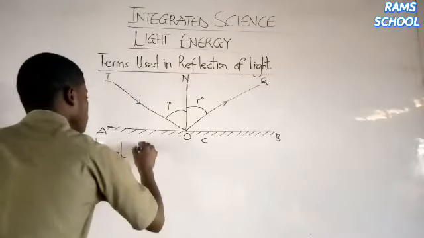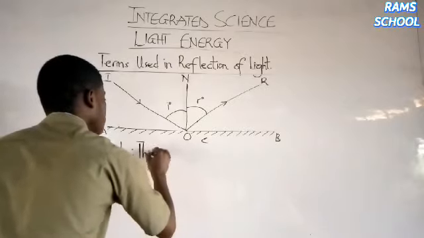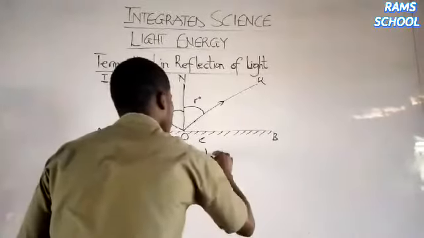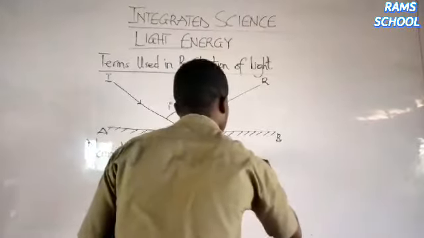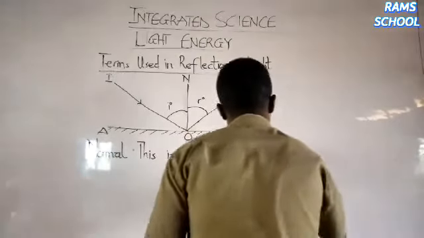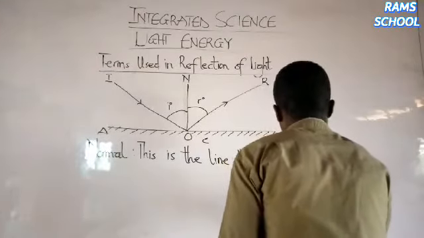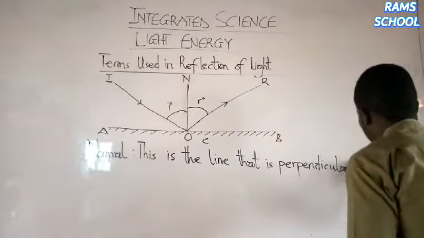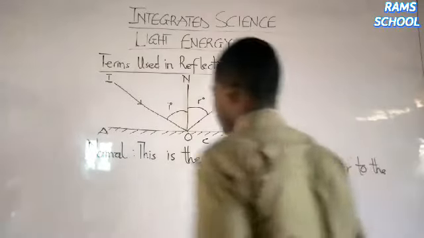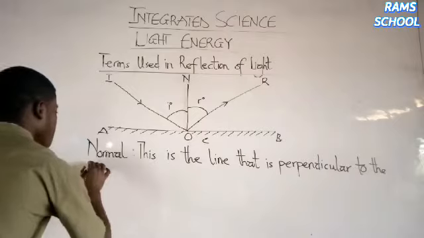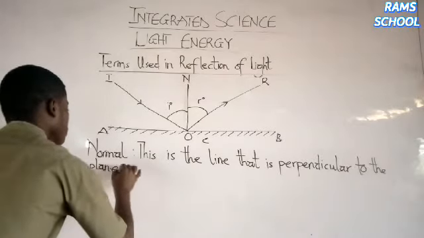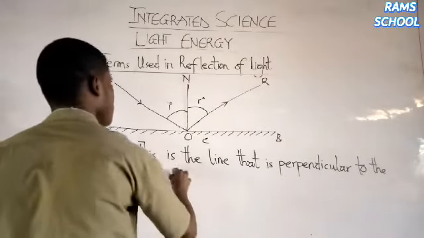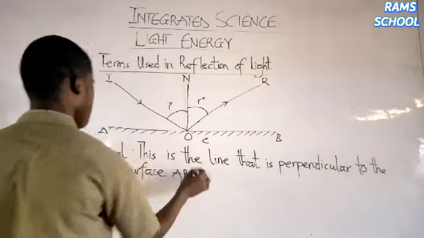So the normal is the line that is perpendicular to the plane surface AB.